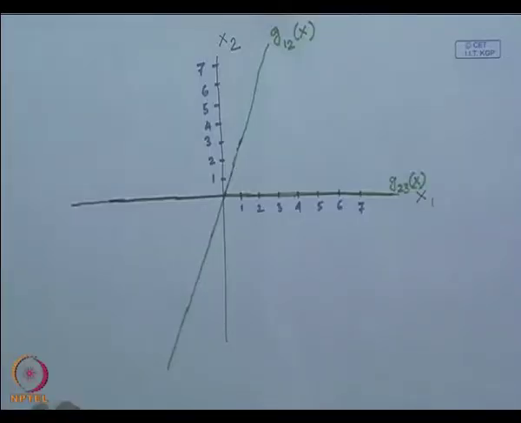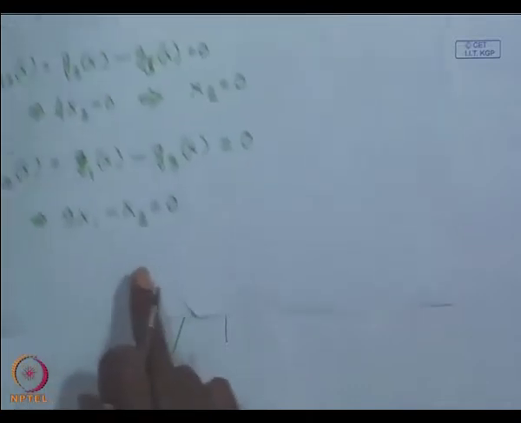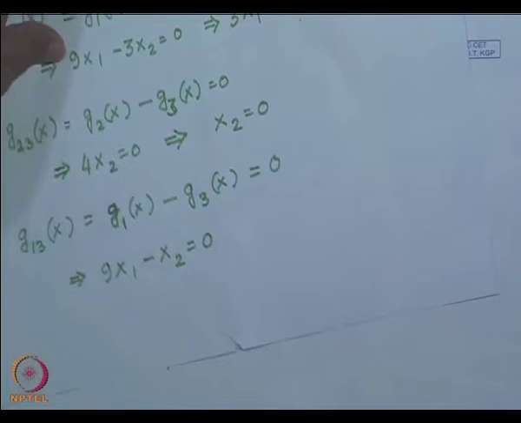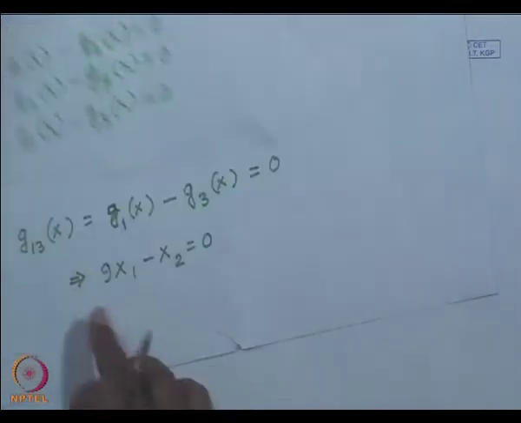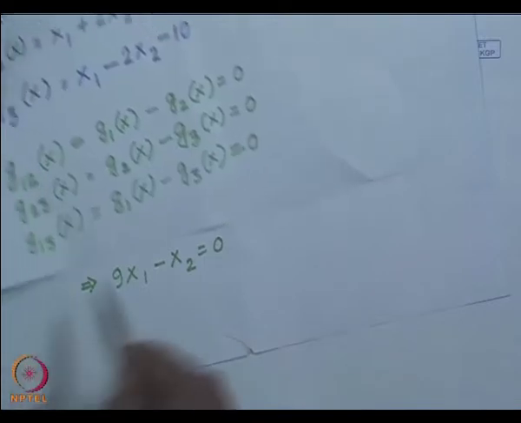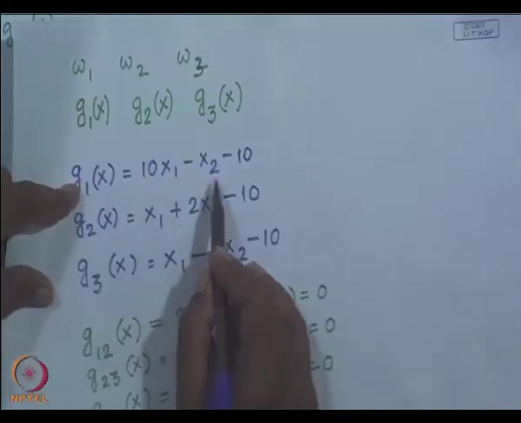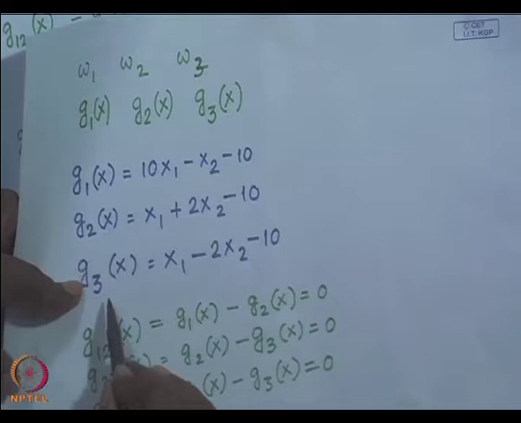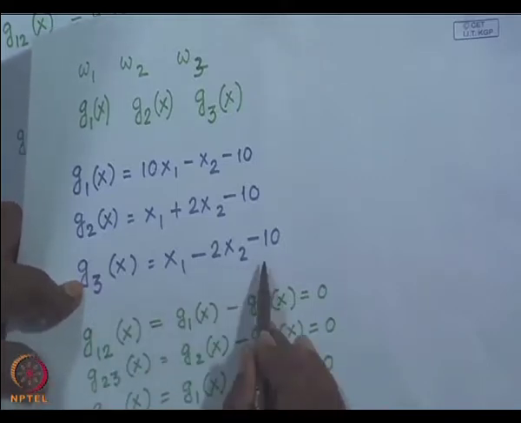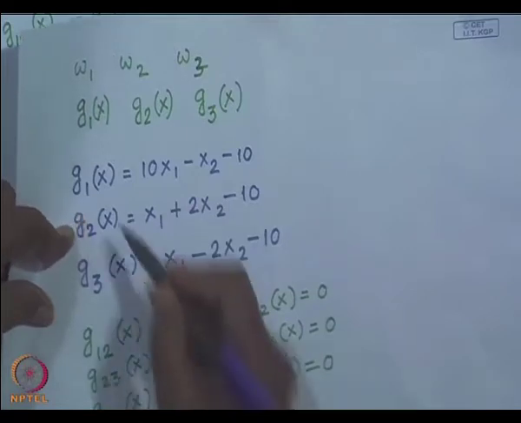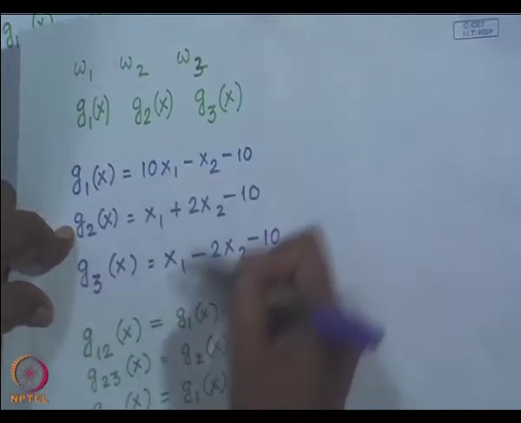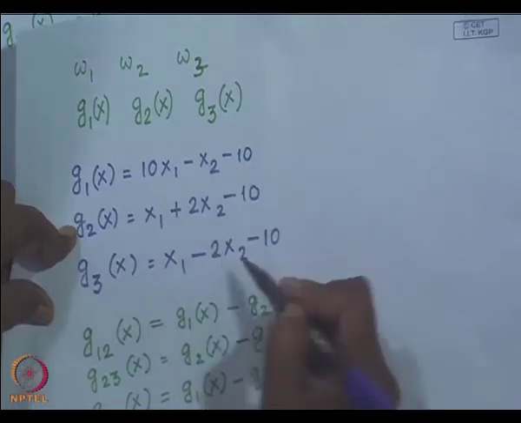And coming to the next one, sorry, here I have made a mistake. My discriminating functions G1 x was 10 x1 minus x2 minus 10, G3 x was x1 minus 2 x2 minus 10. So, G13 x, which is G1 x minus G3 x, will be 9 x1 plus x2, which is equal to 0.